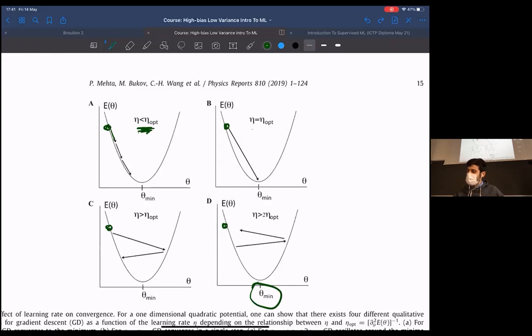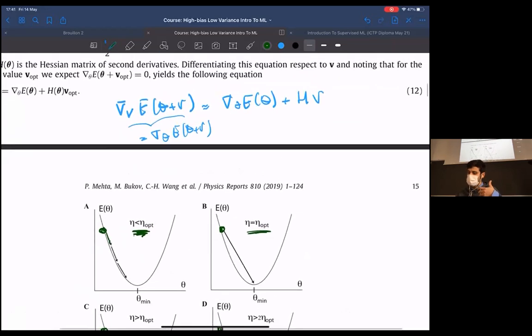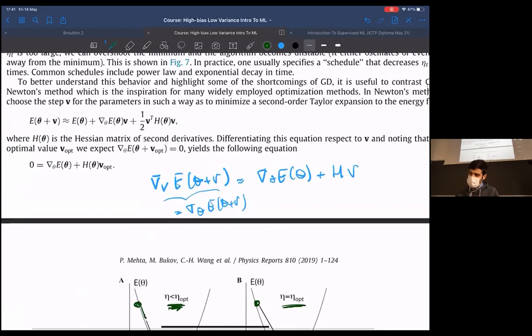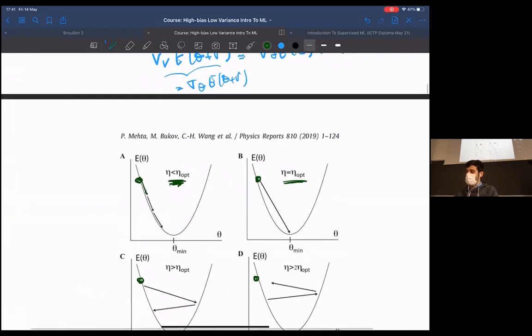If you are precisely at the optimal learning rate, there is a way to understand that there is such a value, at least locally, and I advise you to have a look here. I will not do it. But essentially, to find the optimal rate, what you should be able to estimate is the local curvature of the landscape, which is related to the Hessian, the second derivative.